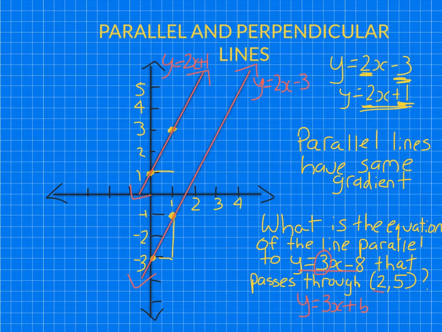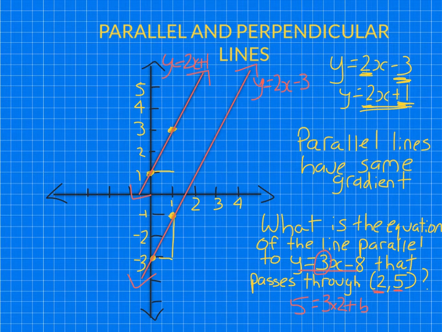If it goes through the point (2, 5), that means when x equals 2, y is 5. x is always listed first. So I'm going to change y so that it's now 5, and change x so it's now 2. Then I simply find the value of b. Now I have the equation 5 equals 3 times 2 plus b.